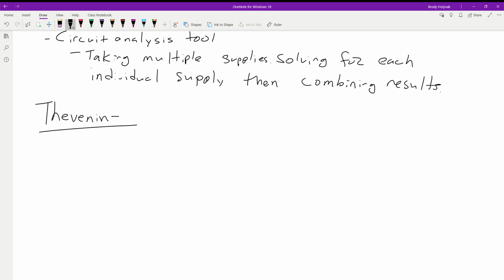So the idea behind this is you could actually take out a component that you may not have much knowledge for, to be able to solve for everything around it, and then when you get to that point, you can plug that back in. Also, you can use it to solve your circuit minus your load. That way, as you change your load, you do one set of calculations instead of having to rerun the entire problem. And I'll show you guys some examples.